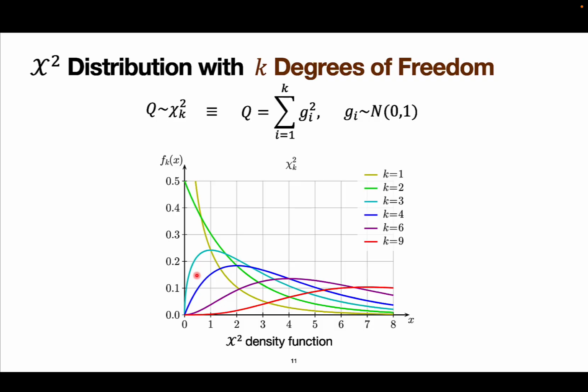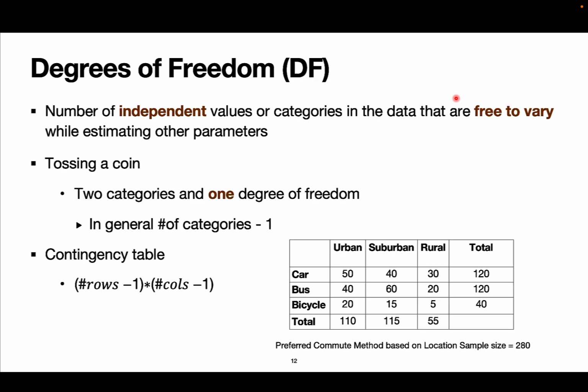Let's take a moment and work on understanding the chi-square distribution. This graph shows the chi-square density function for various k degrees of freedom. But what is the meaning of degrees of freedom? Think about any problem formulation.